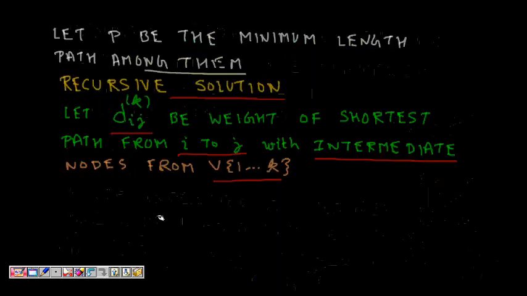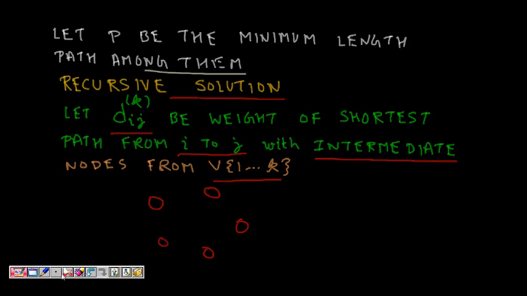To illustrate once again, we might see one more example. So let's say this is 1, 2, 3, 4 and 5, and it's kind of a clique graph where all the nodes are connected to each other.